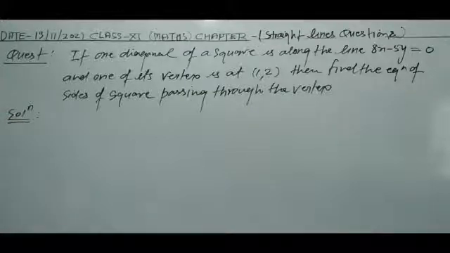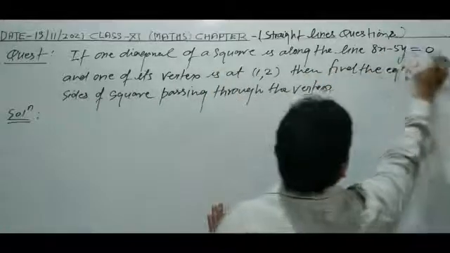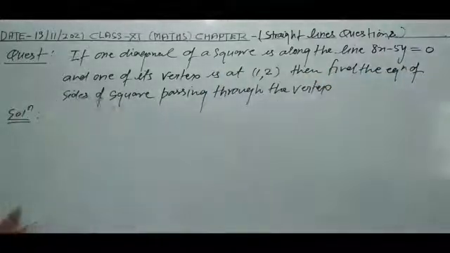So in this question, one diagonal of a square is along the line. किसी स्क्वायर का डायगोनल का जो इक्वेशन है वो हमारा 8x माइनस 5y है.